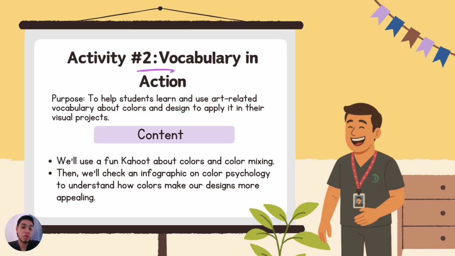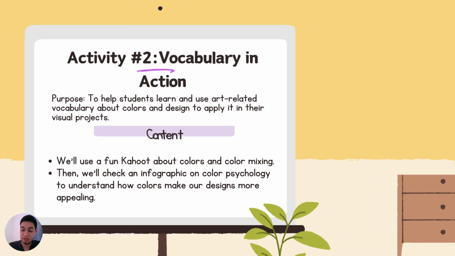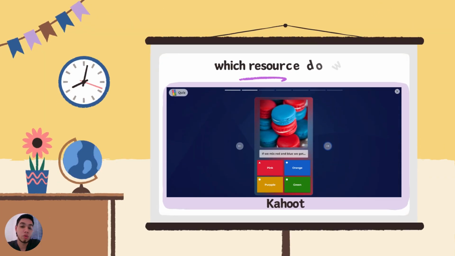As content, we will use a fun Kahoot about colors and color mixing, and then we're going to check an infographic on color psychology to understand how colors make our designs more appealing. You can see it on Kahoot. I think everyone knows this kind of web app; it's free and really easy to use.